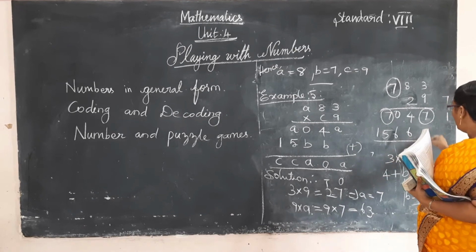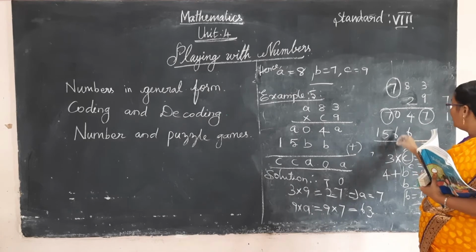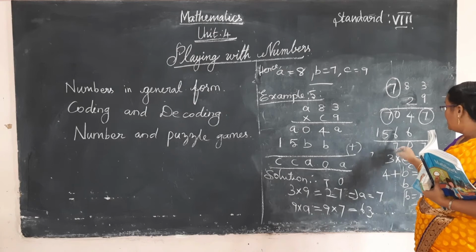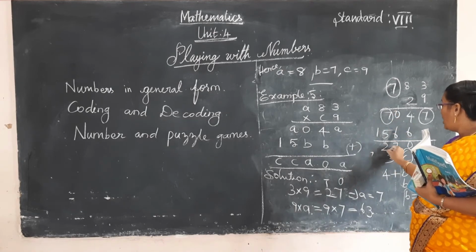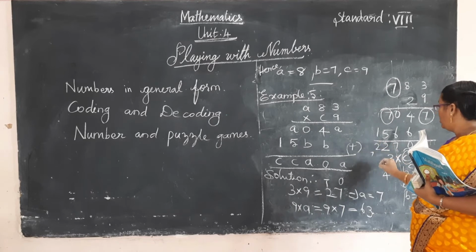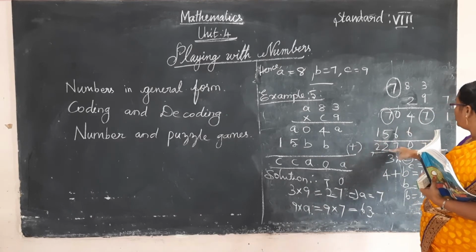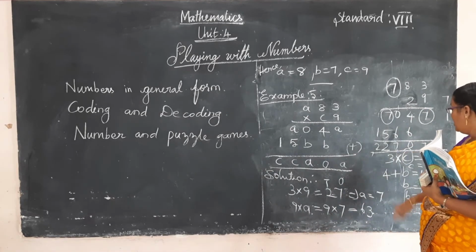Now add 7, 4 plus 6 is 10, 0, 1. C value is 7 plus 5 is 12, 9, 1, 2. So the C values are 2, 2, 2 in the C places. And the A values are 7.